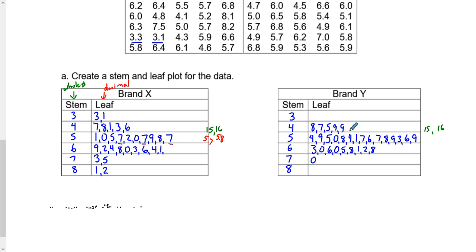So in no discernible order, we have the first 5 numbers here. Well, there's another 5, and there's another 5. So we're already at 15 and 16 being in here. So we're going to have to put things in order. We would have to do at least a 5.0, 5.1, which would give us the 6th and 7th numbers. So the next number will be 5.3. We have 2 5.4s.